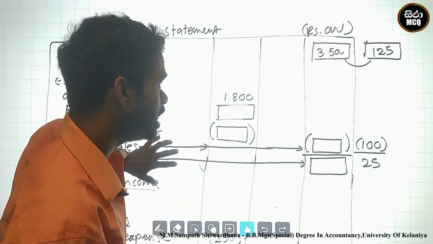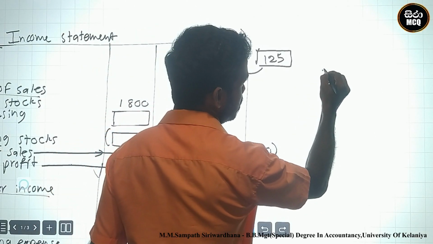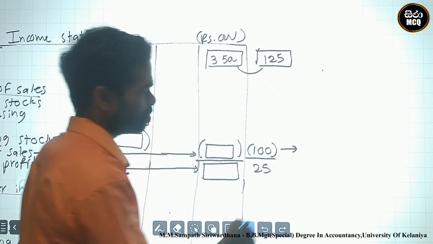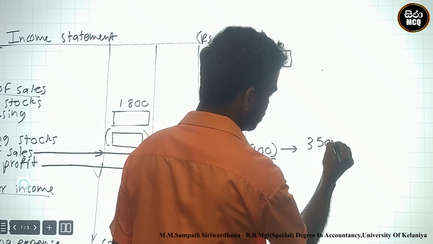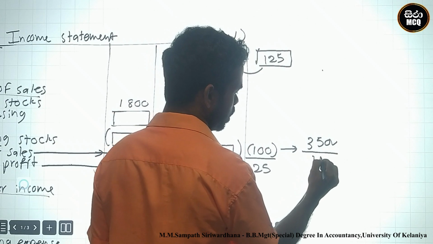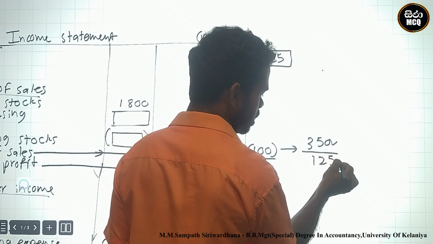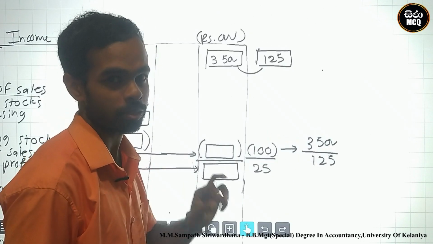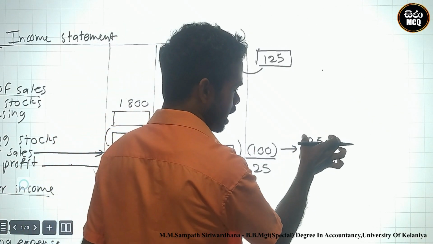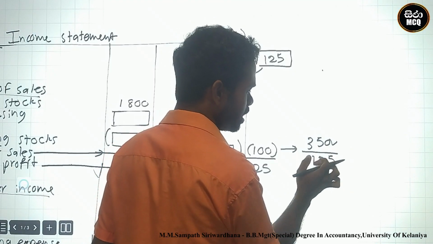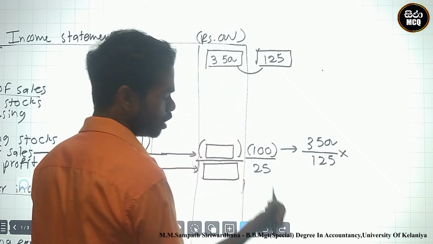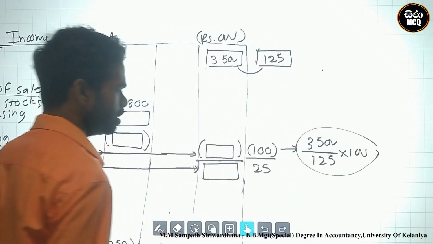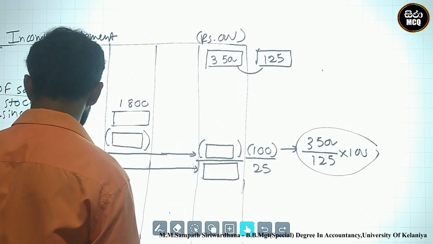Therefore I can link it. Sales is the larger percentage and cost is the small one. Actual sales divided by the sales percentage and multiplied by the required percentage 100 gives the cost of sales.